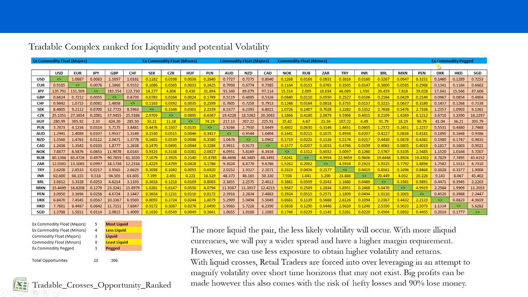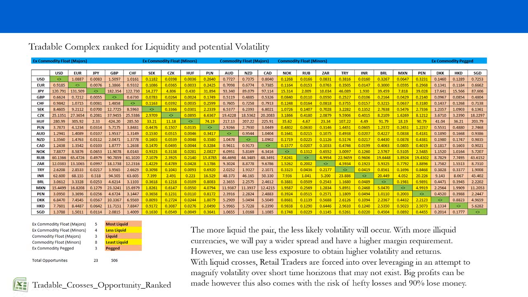We also have right on the corner here ex-commodity pegged situations. So these currencies are generally available on retail brokerage platforms, but really we're interested in where the volatility is. We've included them just in case pegs may change, but we're really interested in what's going on over here. We had earlier the dollar majors and the major crosses as a table.